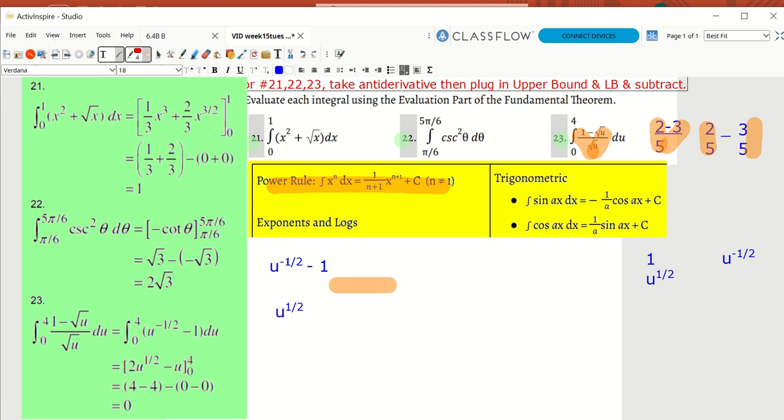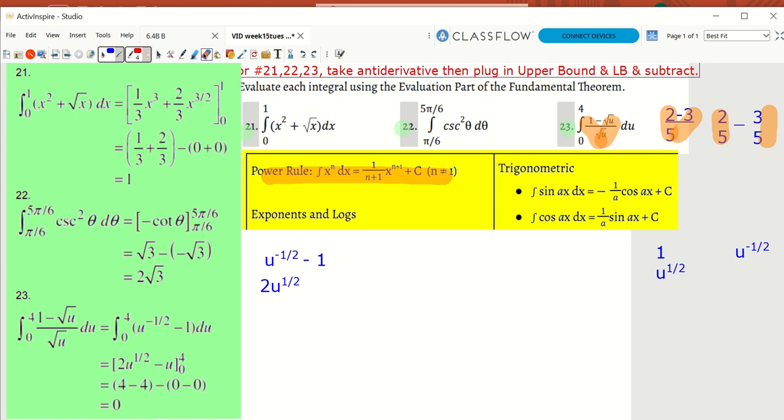Remember, n is -1/2, so 1 over -1/2 plus 1 gives us 1 over 1/2. And 1 over any fraction means you flip the fraction, and if you flip 1/2, you get a clean 2 right there. So all I'm trying to say is this orange becomes this orange.